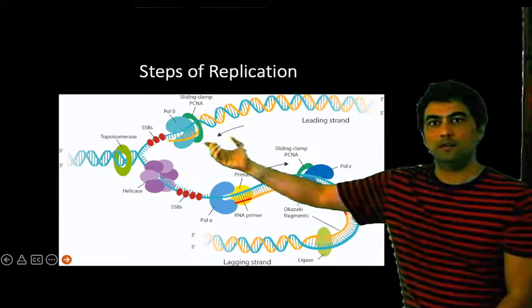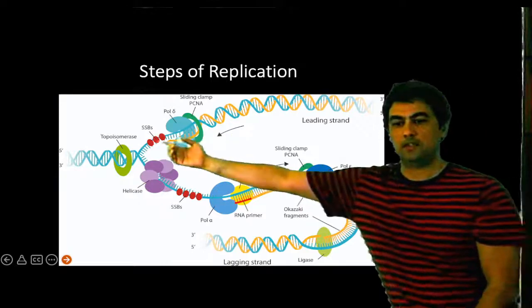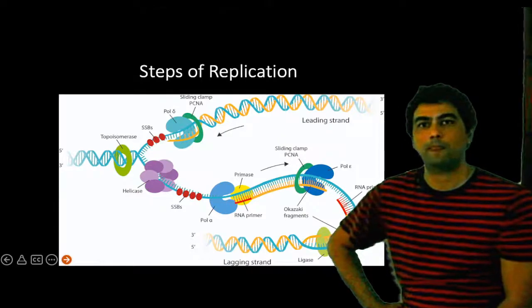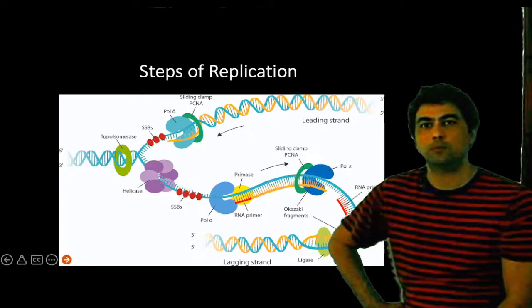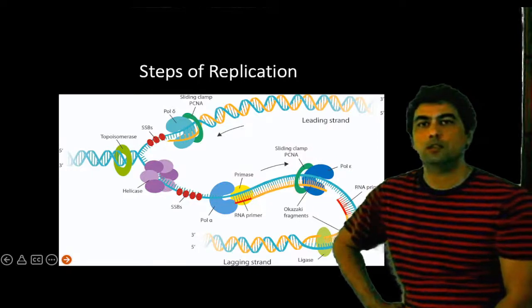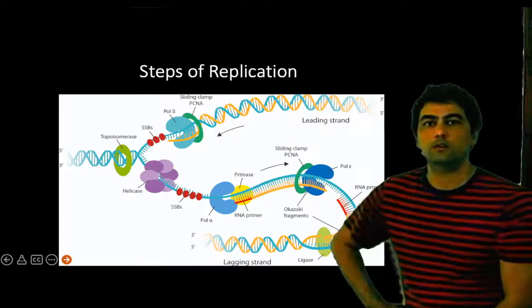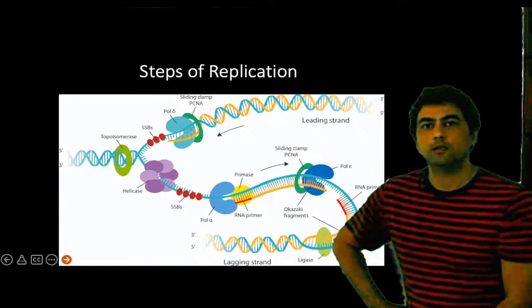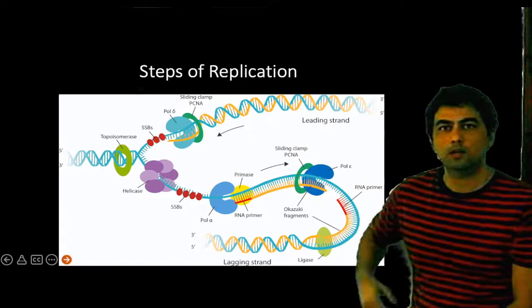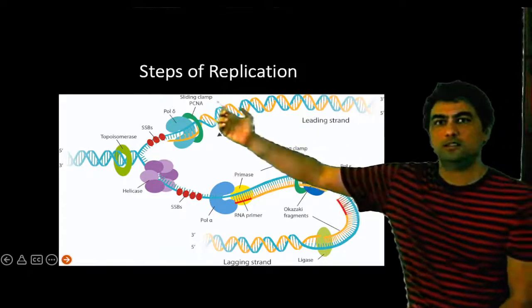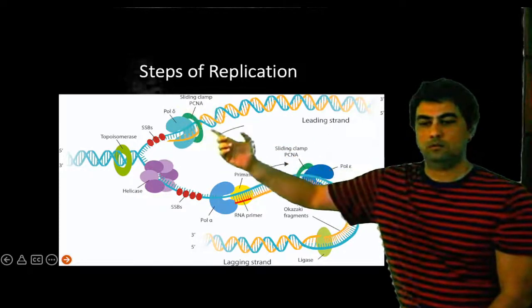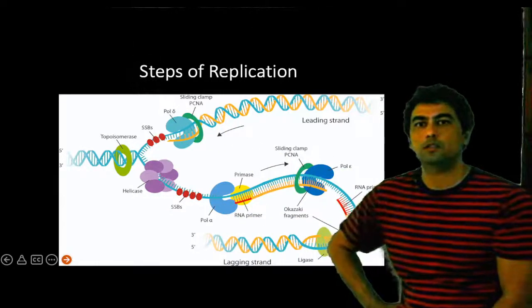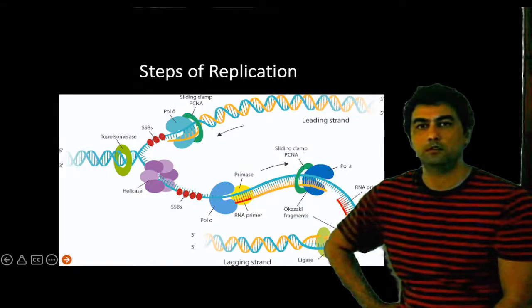You have a single-strand binding protein to protect the DNA and avoid reannealing, and you have the polymerase to read and make a new DNA strand.